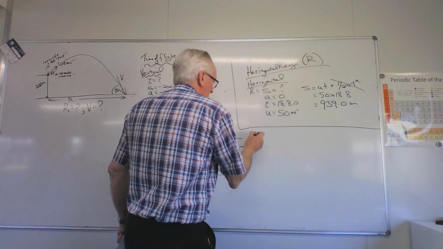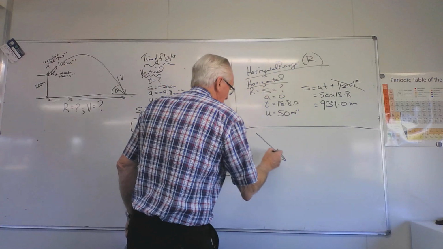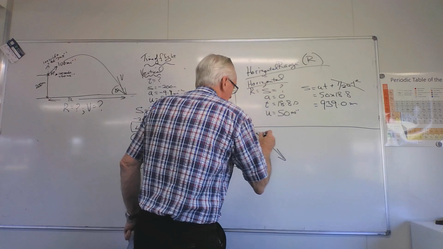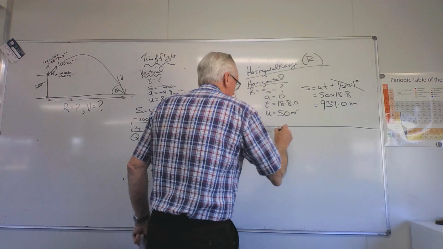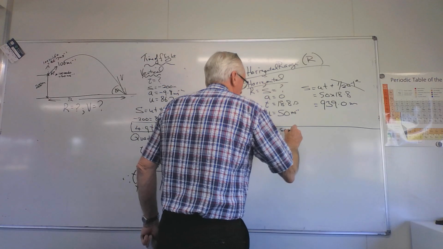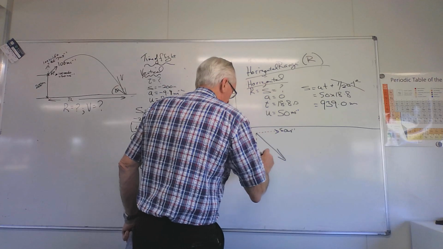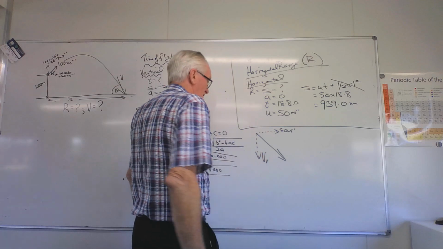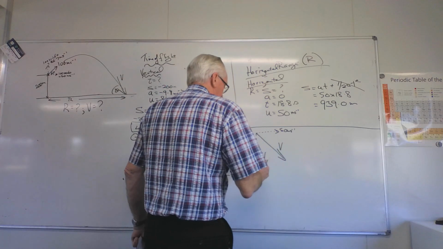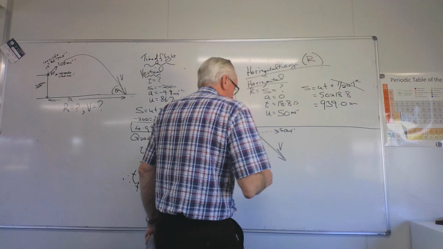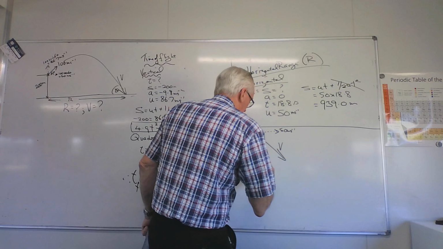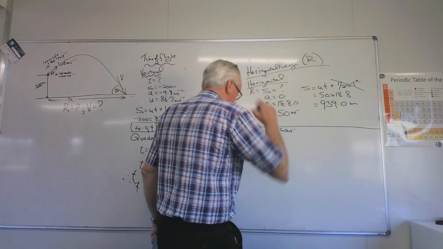Now our velocity of impact, we want this velocity, V. We have a horizontal component, which is 50, doesn't change, and we have a vertical component, which we're going to say V vertical. This is your final velocity. This is our V. And we're going to add those by vectors, ultimately.